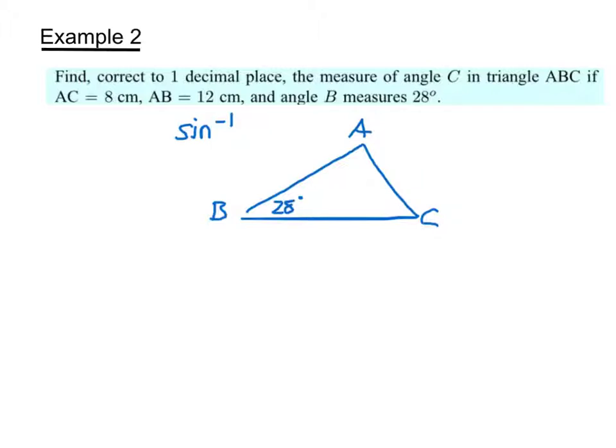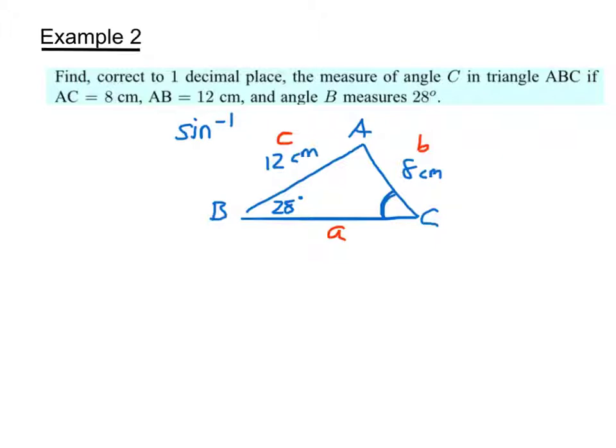I know that side AC is 8 centimeters, and side AB is 12 centimeters. And again, I'm asked to find angle C. Remember to label the sides of your triangle. So this is side b, this is side c, and this is side a.